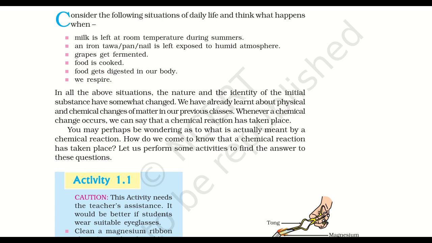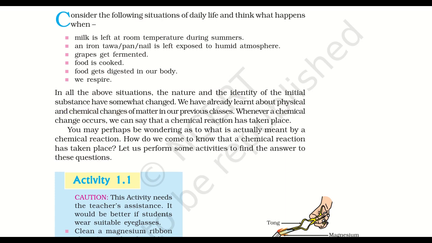So, in all the above situations, we find that the nature and the identity of the initial substance have somewhat changed. That means it has gone through changes that occur due to chemical causes. So, we will consider these changes as chemical changes.